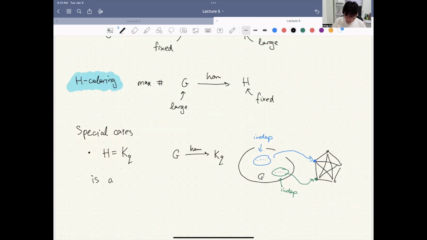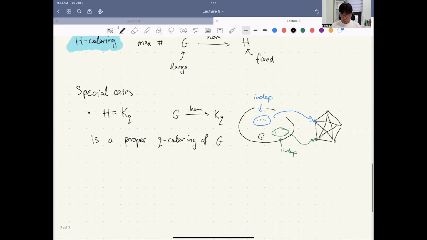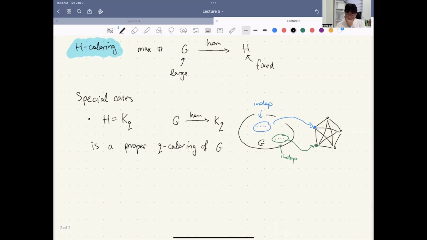So every such homomorphism is a proper q-coloring of G. So if you want to count the number of homomorphisms to a fixed size clique, it's equivalent to saying we can get a hold on the number of proper colorings of our graph G. That's one very useful case. Good.